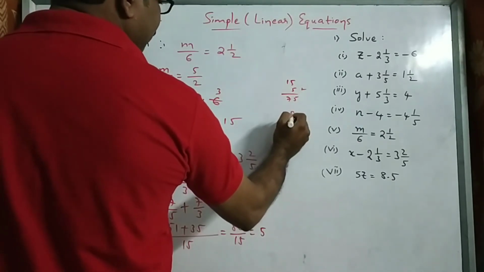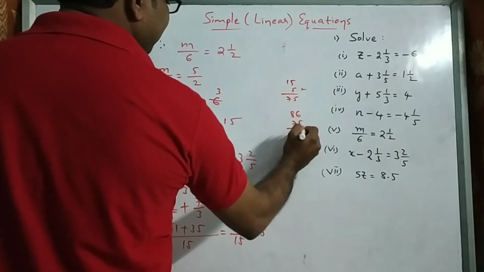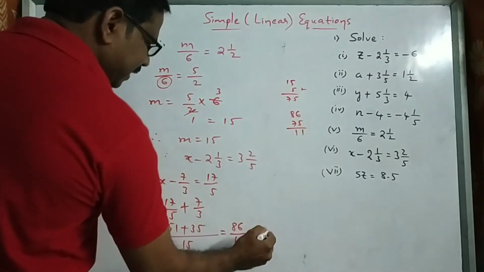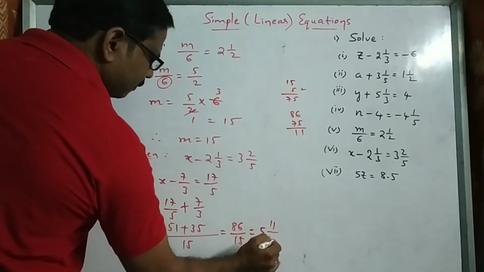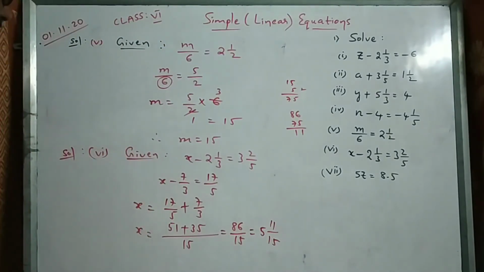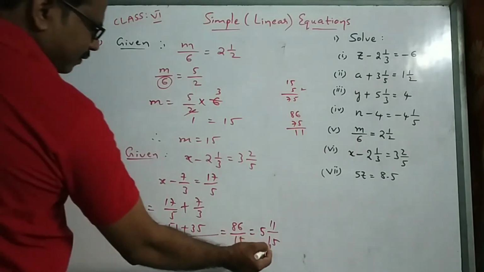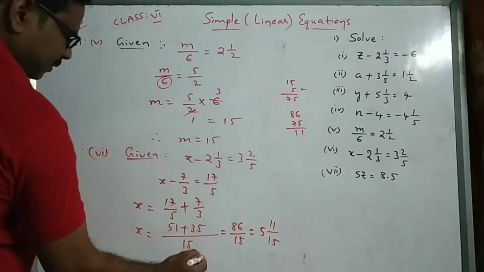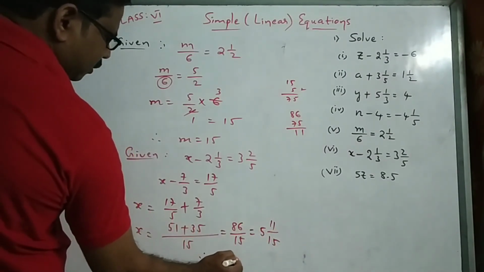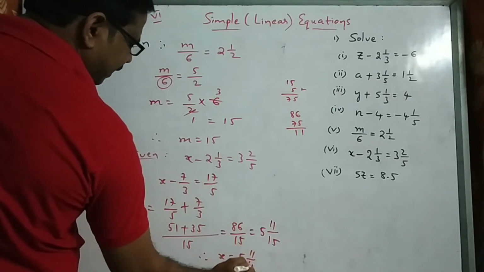From 86 if I remove 75, you will get 11. So 5, 11 upon 15. So the value of x is how much? 5 11 by 15.